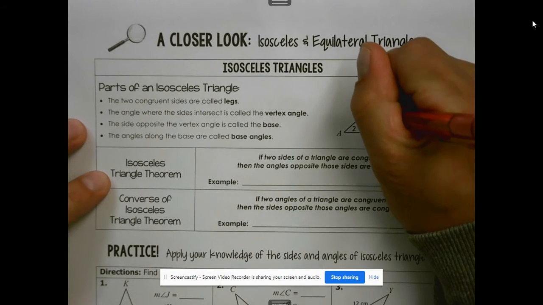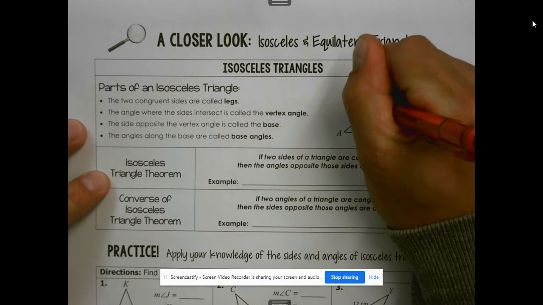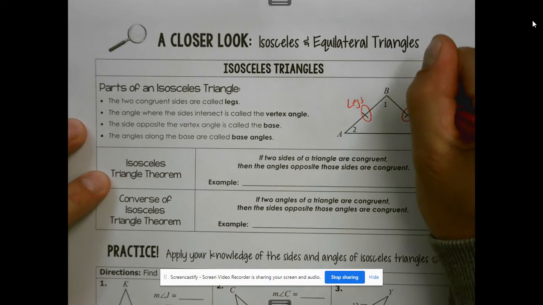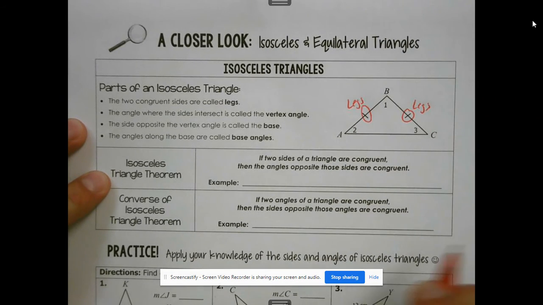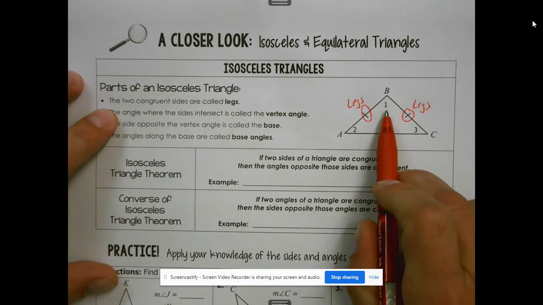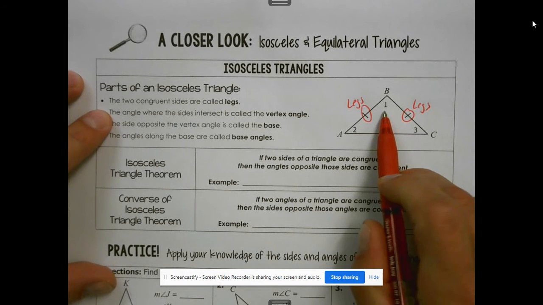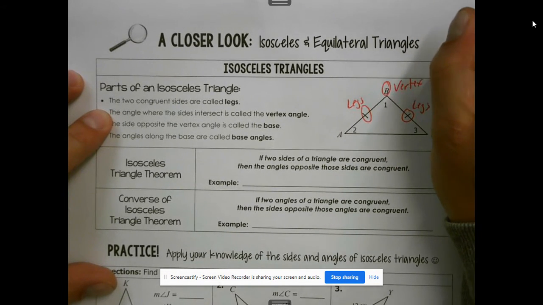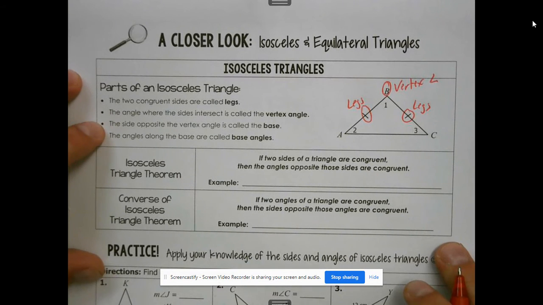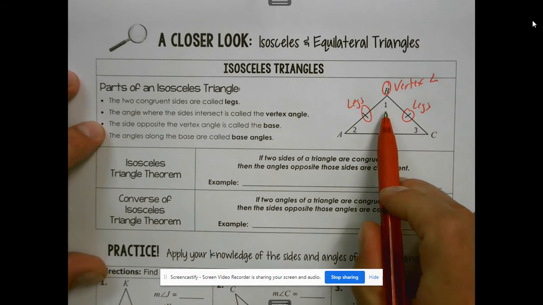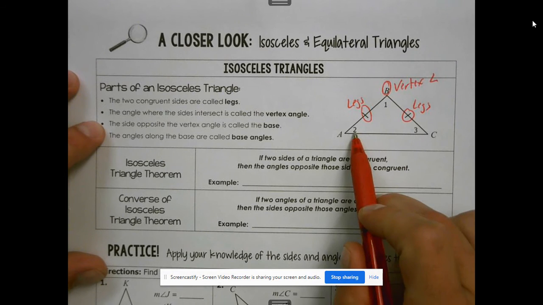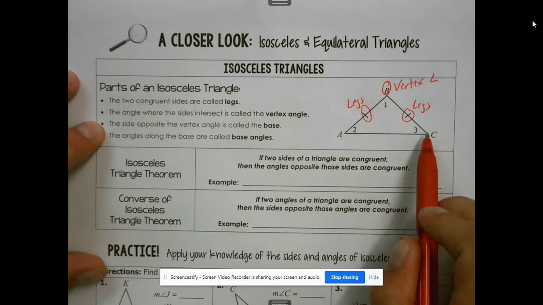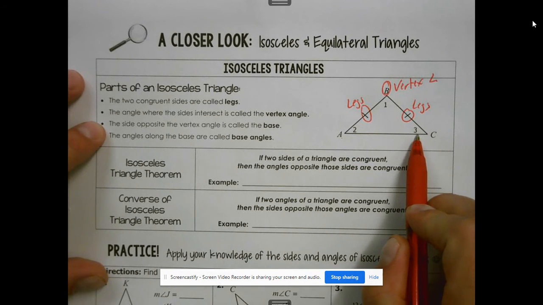These two congruent pieces on the triangle are called the legs. And the angle where the two legs meet, this is called your vertex angle. So angle B is the vertex angle. The angles across from the vertex, which would be angle A and angle C, these are called your base angles.